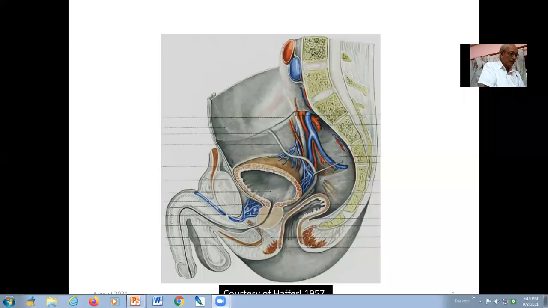Here it is. And this is the very first slide. Well, sagittal section of the pelvis, and I do not intend to discuss further about this. Just we look at the prostate, where it is. Here it is, along with the prostatic urethra. And then we go to the next slide.